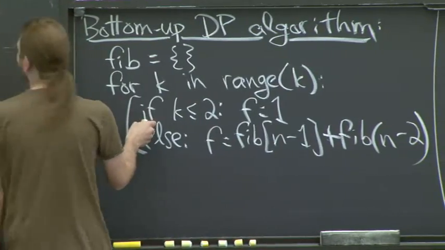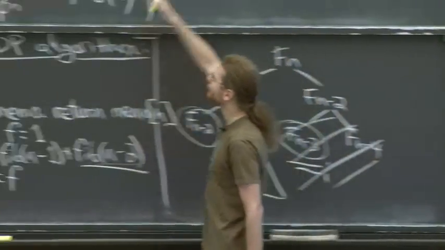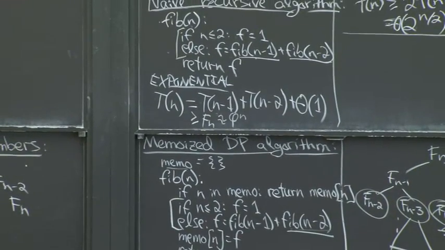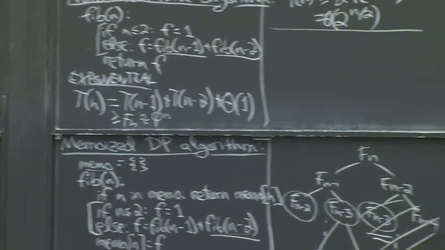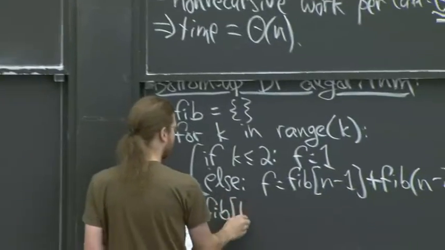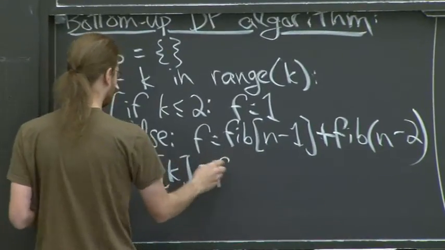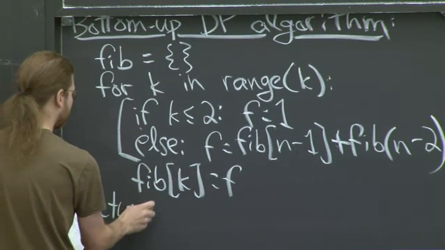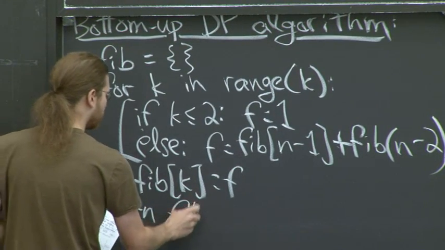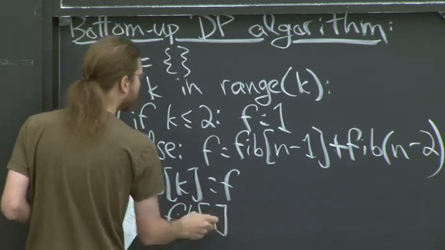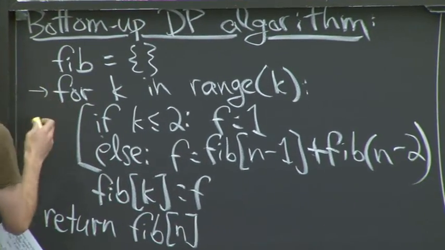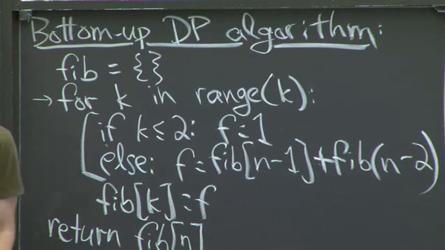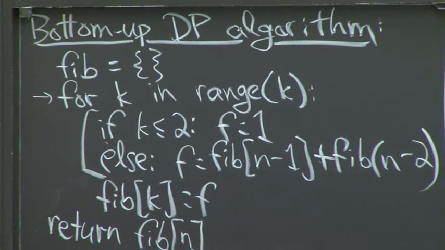This code is exactly the same as this code and as that code, except I replaced n by k, just because I need a couple of different n values here, or I want to iterate over n values. And then there's this stuff around that code, which is just formulaic. A little bit of thought goes into this for loop, but that's it. Okay, this does exactly the same thing as the memoized algorithm.